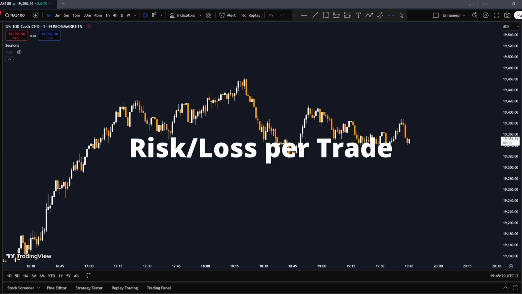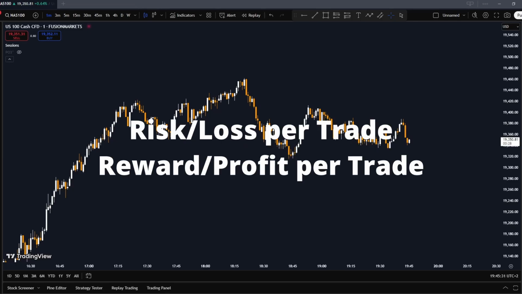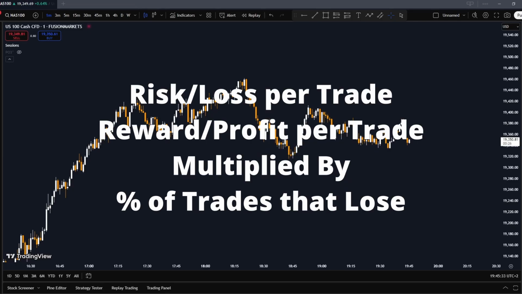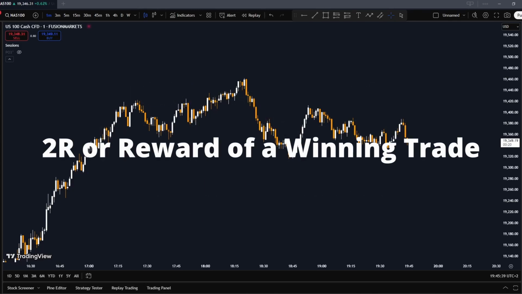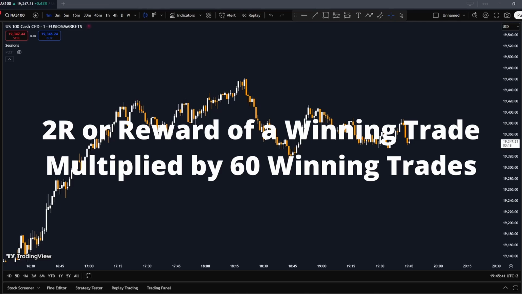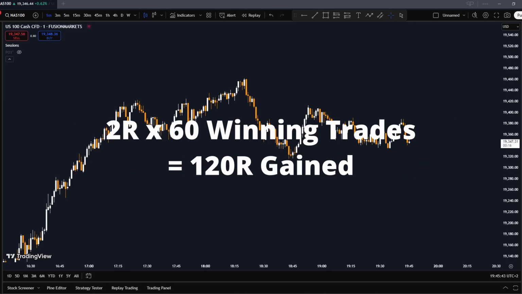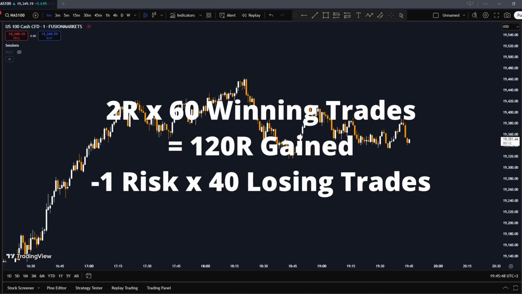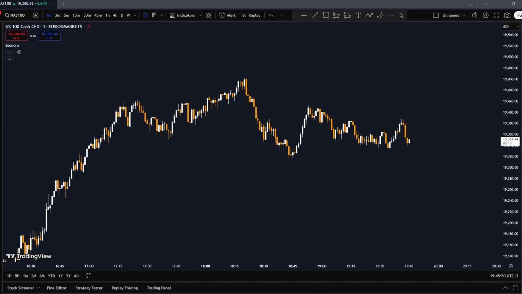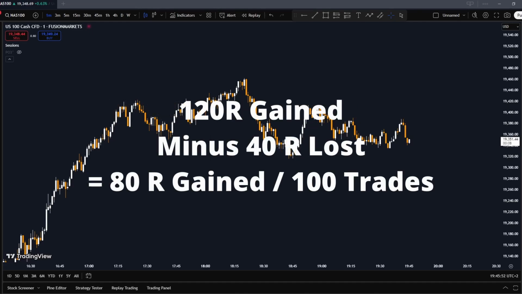Risk or loss to reward or profit multiplied by loss rate or profit rate. So here, you would multiply 2 reward times 60 winning trades, giving you a total of 120 R gained, minus 1 risk multiplied by 40 losing trades for a total of 80 R gained.